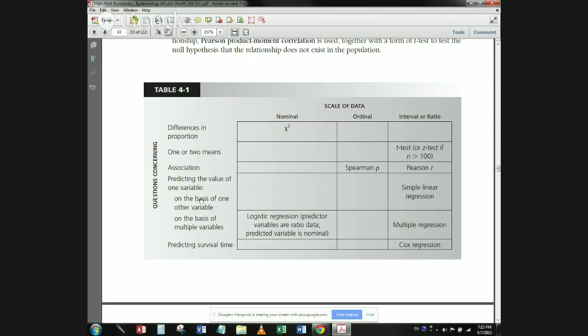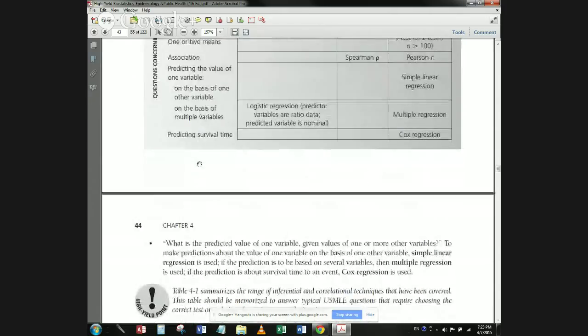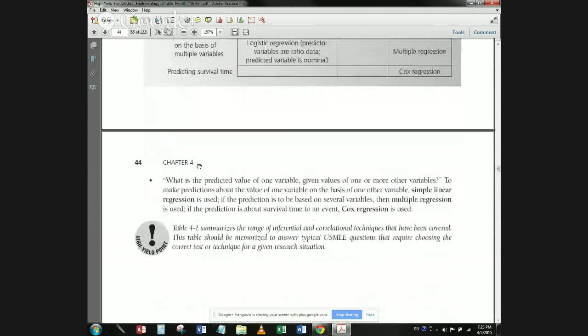For predicting the value of one variable, if it's on the basis of one other variable, you use simple linear regression, or if it's on the basis of multiple variables, you can use multiple regression. For logistic regression, predictor variables are ratio data, and the predicted variable is nominal. And for predicting survival time, you just use Cox regression, with interval or ratio data.